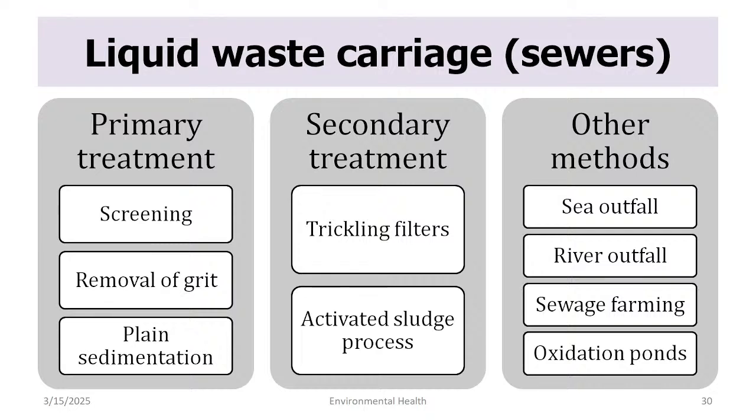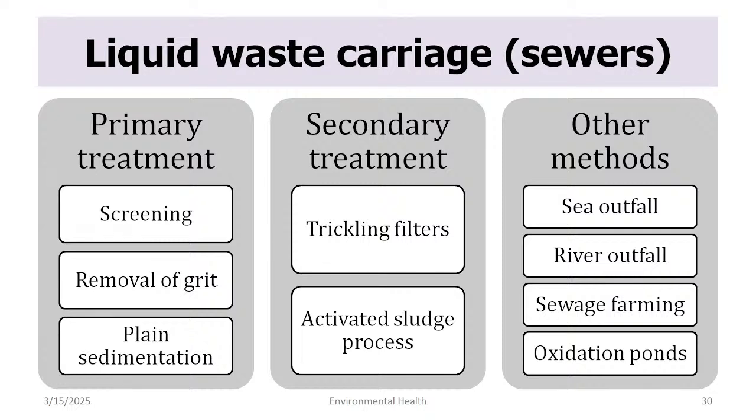After sewer pipes are constructed, the human excreta goes through them and simply goes into the sea. There would be towns which will be doing this. There would be villages or smaller towns doing this. River outfall means simply the sewer line opens into a river. Sea outfall opens into the sea without any treatment or with simple primary treatment and other methods.